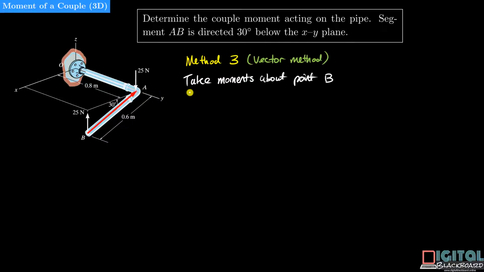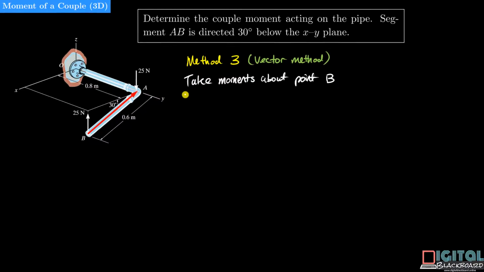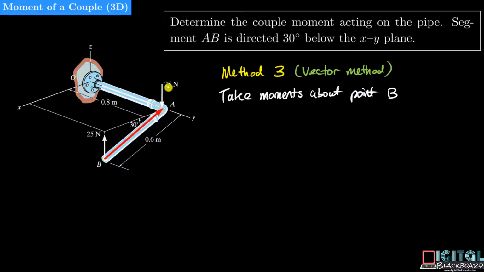As mentioned, we can take moments about any point that lies on either of these two couple forces. Just now we took moments about point A. Now we try to take moments about point B. If we take moments about point B, this 25 newton force pointing in the positive Z direction will disappear because the moment arm is 0.